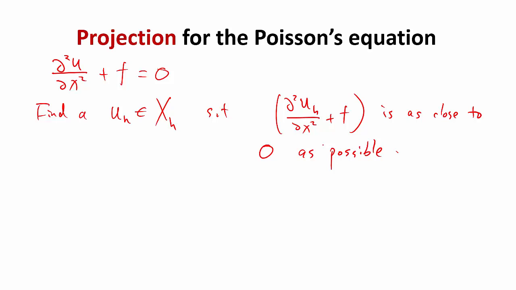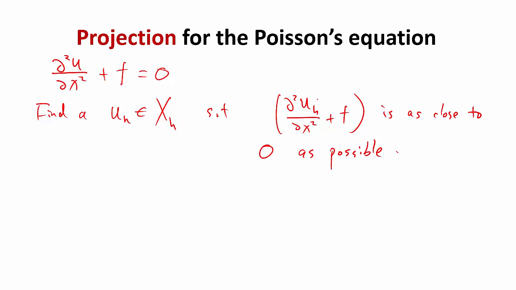Now, if you think very quickly, you may have a question here. uh is a piecewise linear function that has a kink at each boundary, which means the second derivative does not exist, or are delta functions. There are delta functions at the grid points.